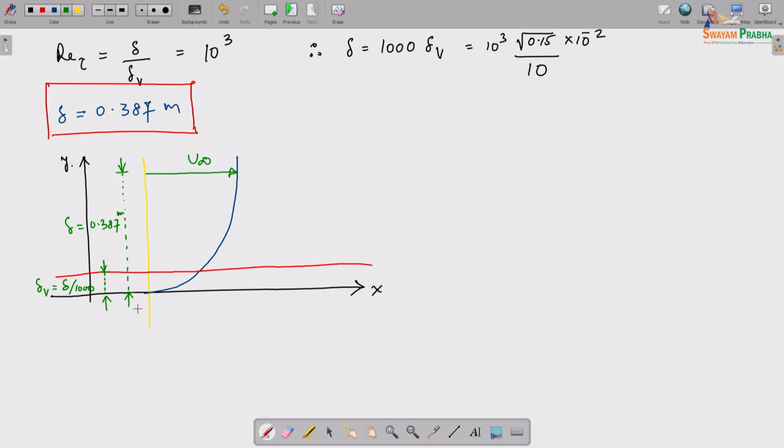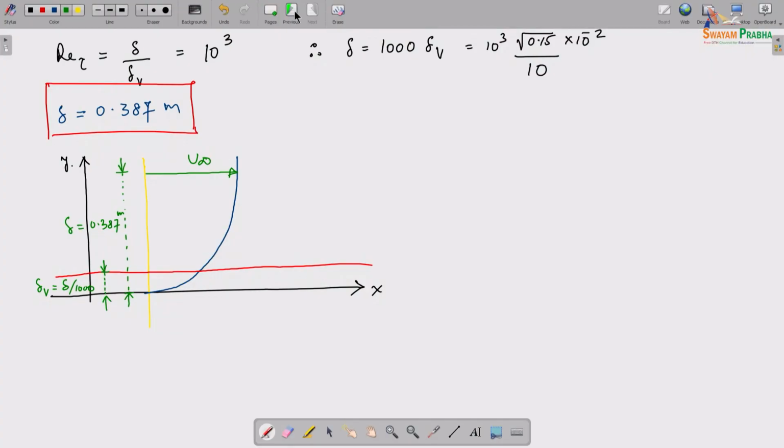For that particular layer, the inner viscous layer, the viscous sublayer, we calculate separate length scales, velocity scales, and the Reynolds number, which is what we did just now.